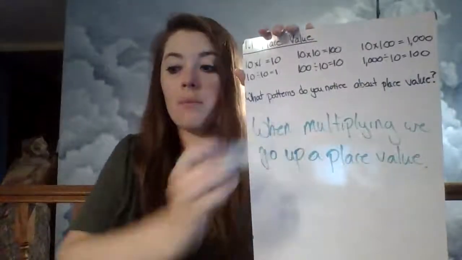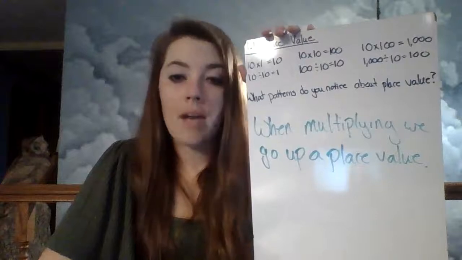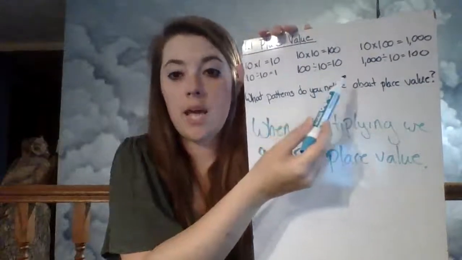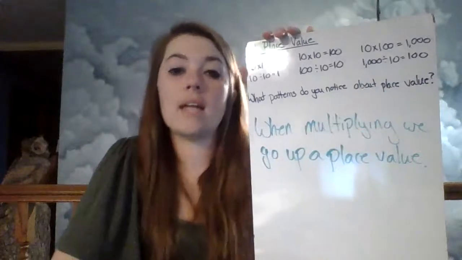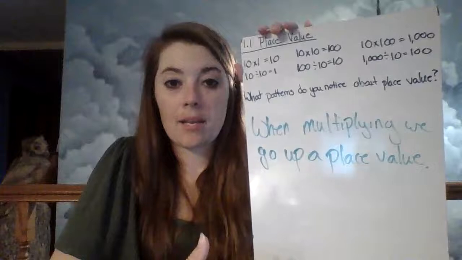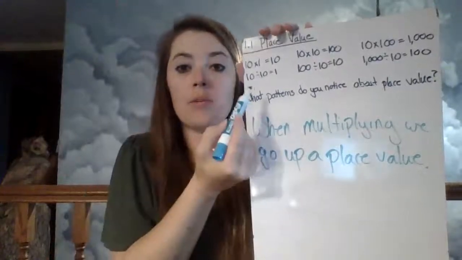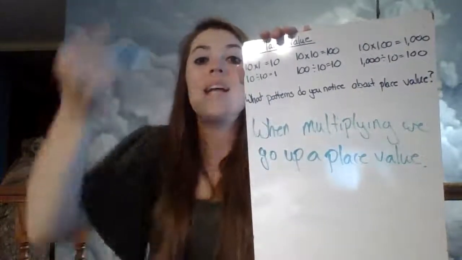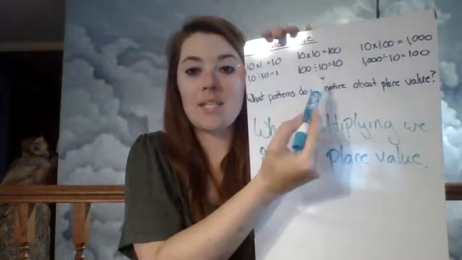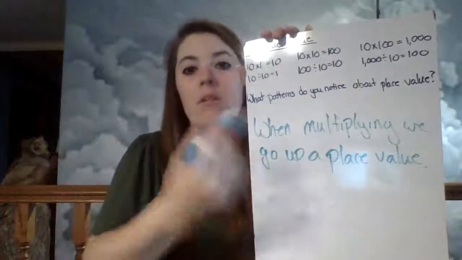Now, the second line we have here is 10 divided by 10 equals 1, 100 divided by 10 equals 10, and 1,000 divided by 10 equals 100. So looking at that, what's happening in each of these cases? Well, we're taking 10 and dividing by 10 and going down to 1. We're taking 100 and dividing it by 10, and we're going down to 10.